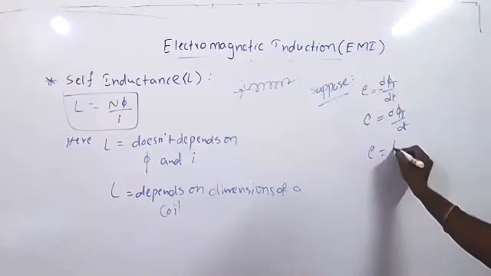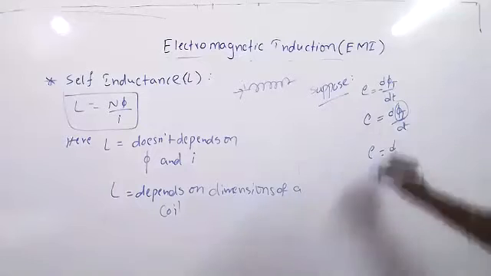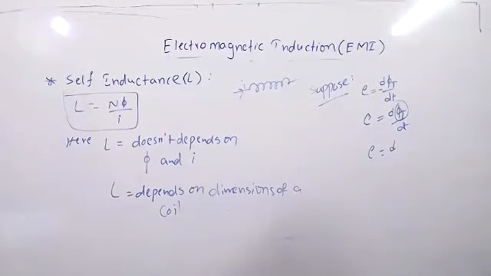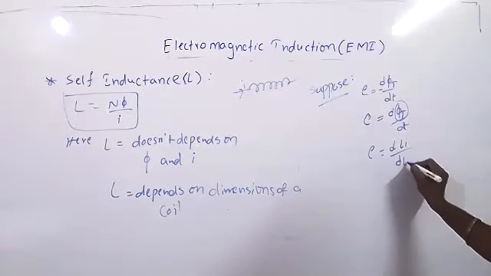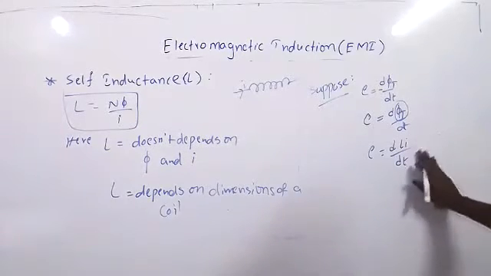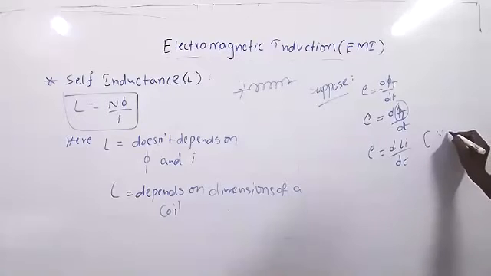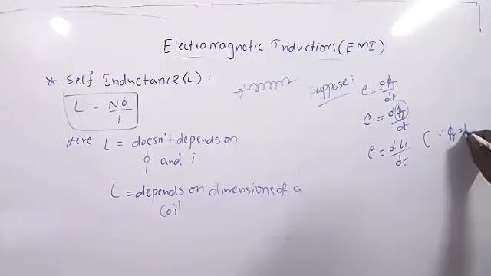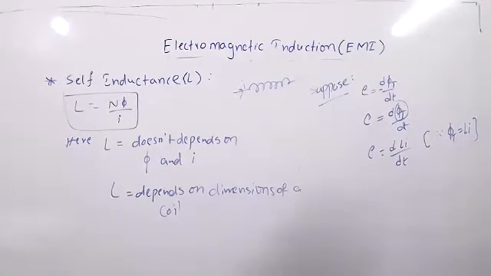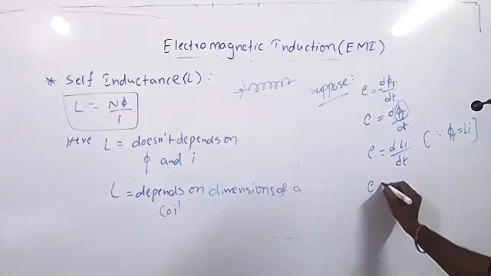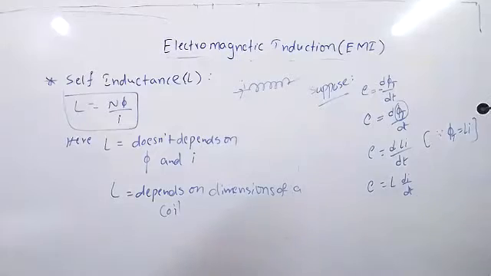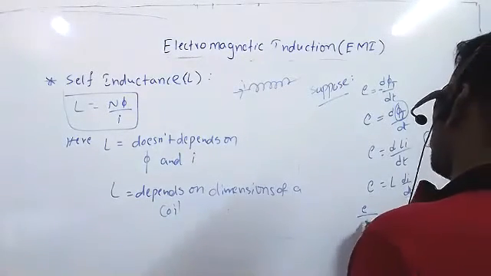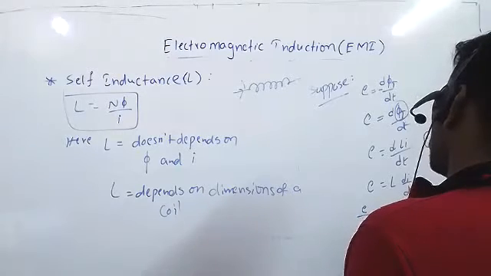Here phi t means total flux, so E equal to d(LI) by dt, since total flux equal to LI. L is constant, we know. So di by dt, now send this di by dt to the left hand side. Then E by di by dt equal to L.